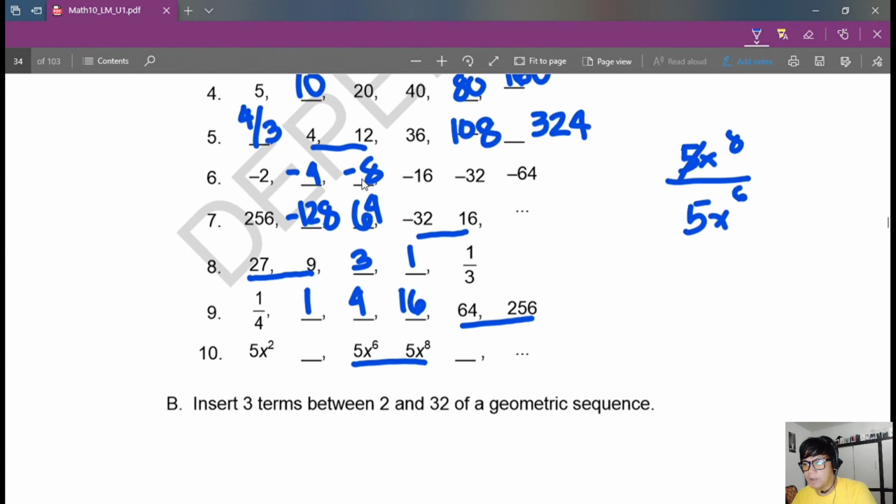Wala naman yan, 1 lang yan siya. So, 8 minus 6 lang siya. So, x squared. So, yung x squared, yung imo-multiply natin dito. So, 5x squared times x squared is 5x to the 4th power. 5x to the 4th power times x squared, that's 5x to the 6th power, 5x to the 8th power, and 5x to the 10th power.